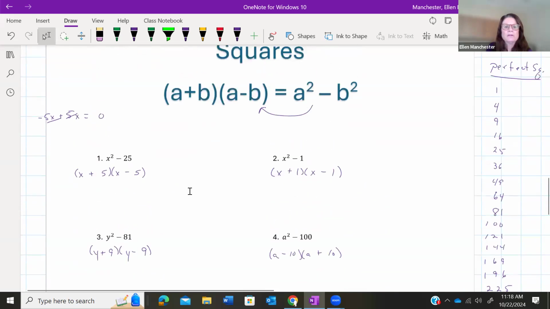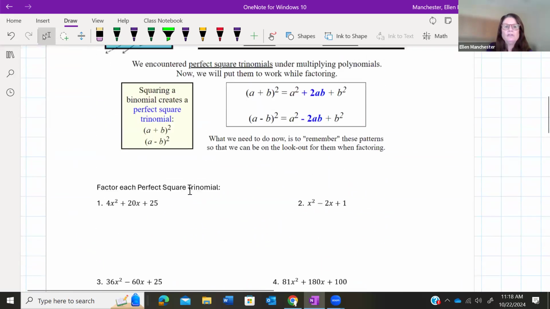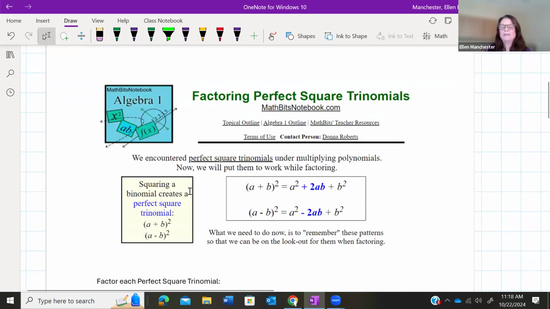All right, so I'm going to scroll back up because this will be the last one. I want to do the factoring of the perfect square trinomial. Okay, so a perfect square trinomial means there's 3 parts. We're going to take this perfect square trinomial and take it back to the factors.